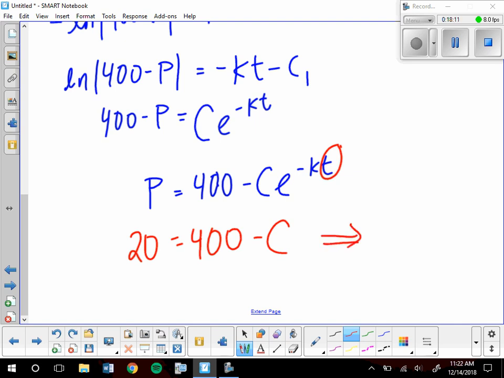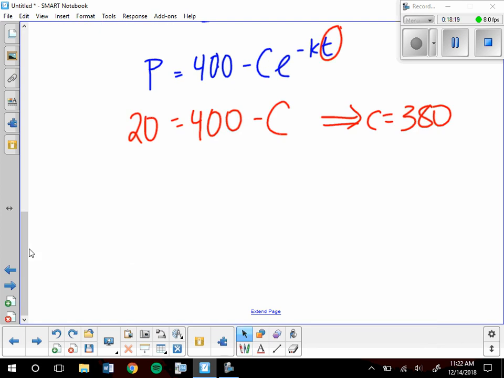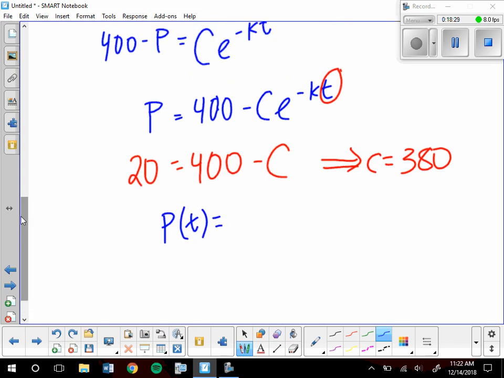That tells me c equals 380, meaning my function is p of t equals 400 minus 380 e to the negative kt.